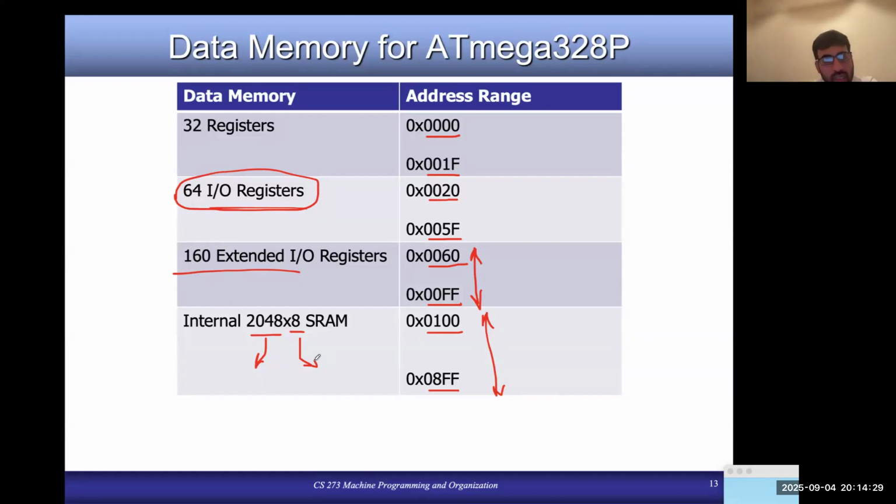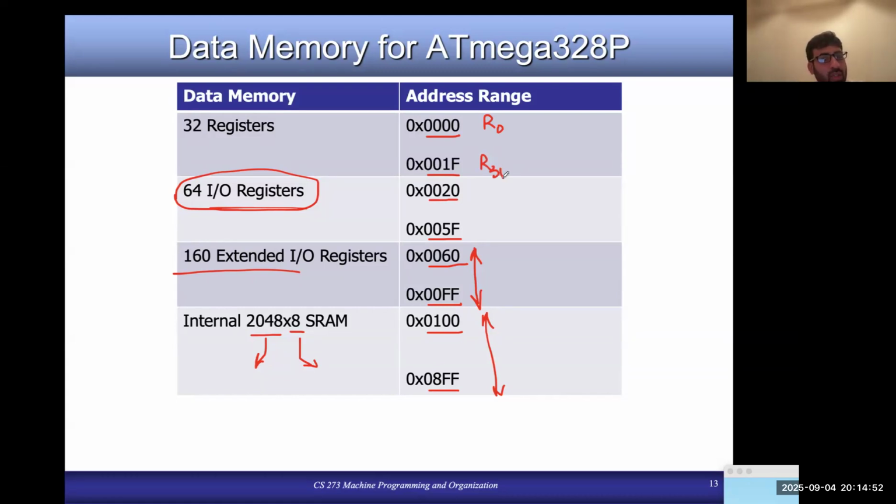So now what does it mean? It means the register R0 has address 0x0000, and your register R31 has address 0x001F, right?